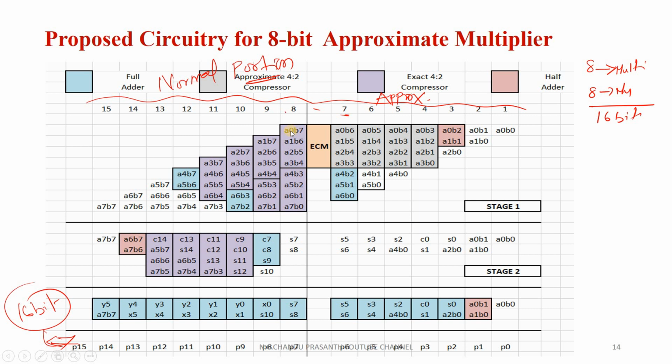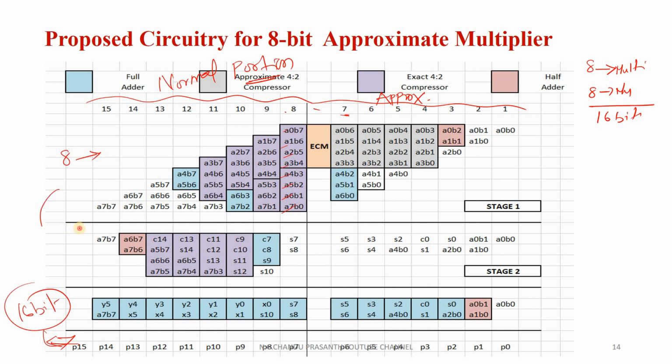So see here, what is the benefit of using a compressor in the multiplier architecture? See here, 1, 2, 3, 4, 5, 6, 7, 8. Here the partial product height is 8. We have to consider the highest column: in stage 1, the partial product height is 8.